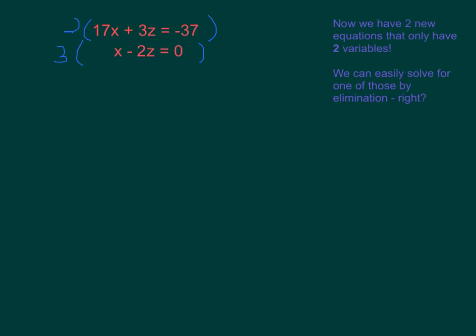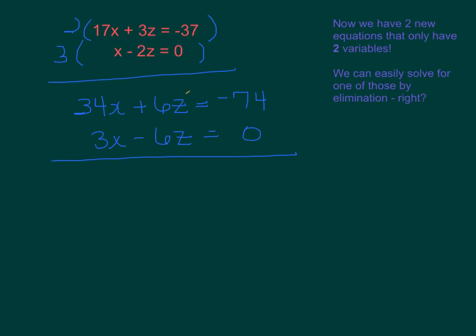Multiplying the top equation by 2 and the bottom equation by 3 gives me 34x plus 6z equals negative 74. And then 3x minus 6z equals 0.